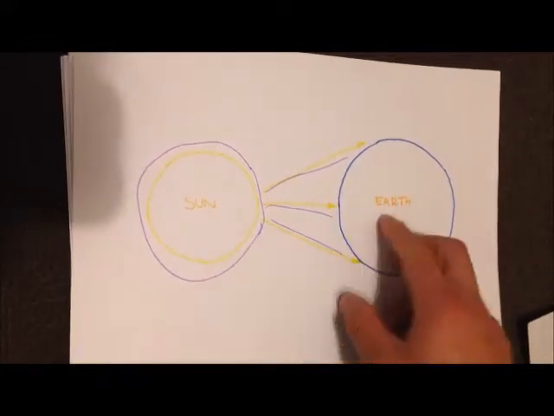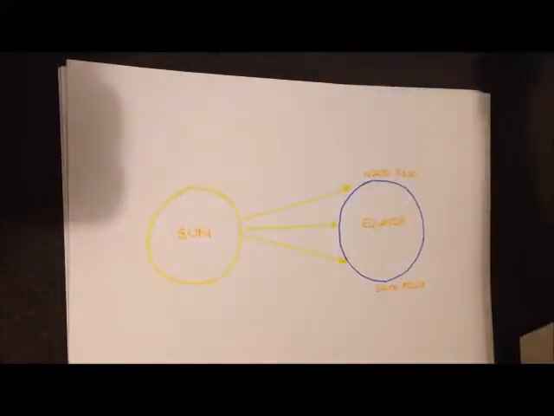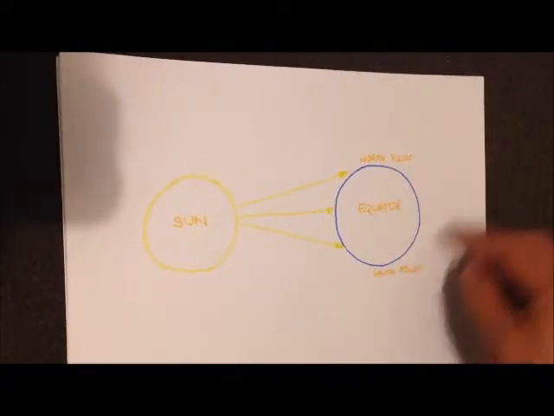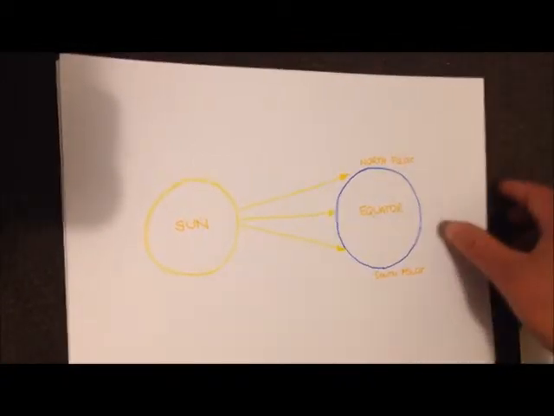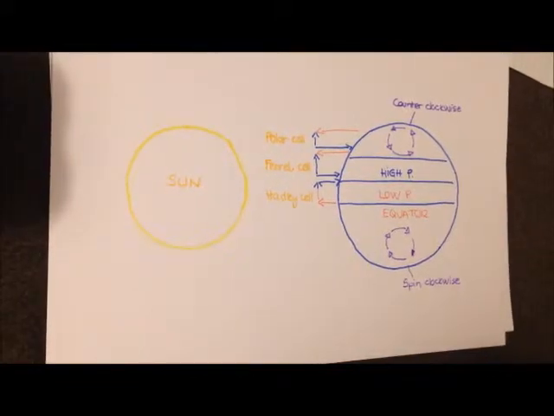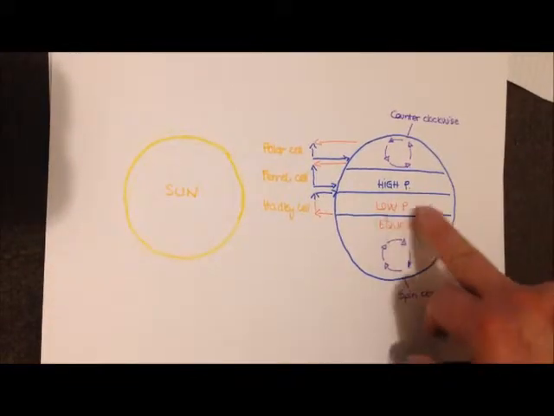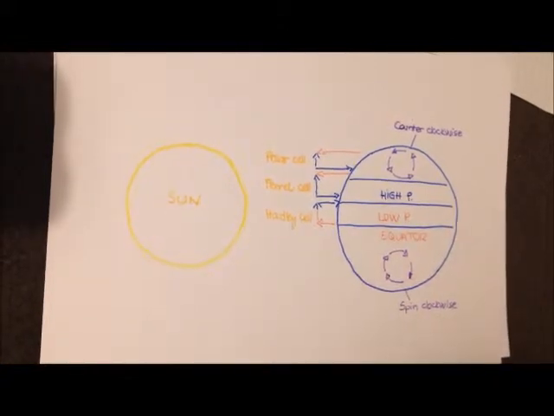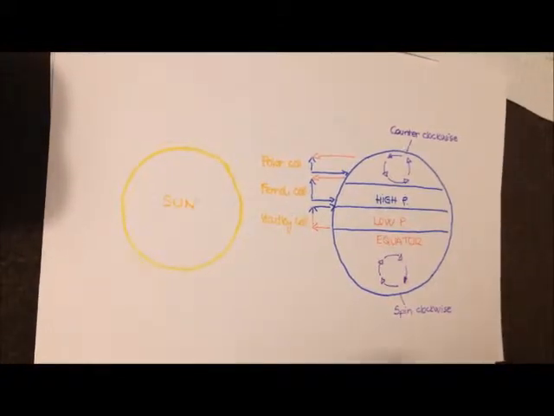The sun hits the air in different directions: North Pole, Equatorial, and South Pole. When the sun hits the equator, it creates low pressure, hot air goes out, and high pressure, cold air goes in.